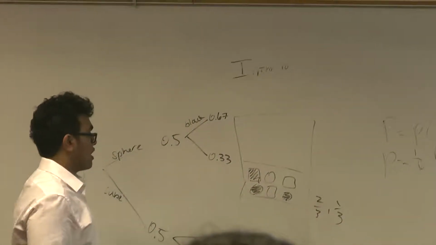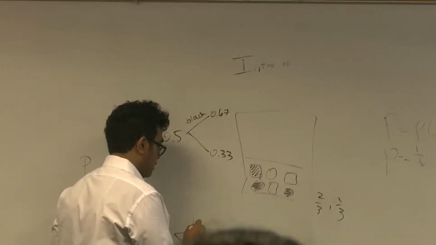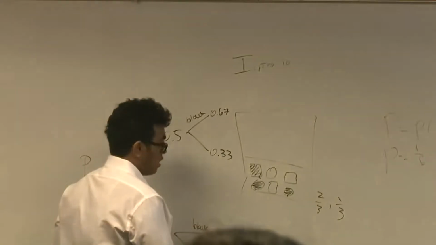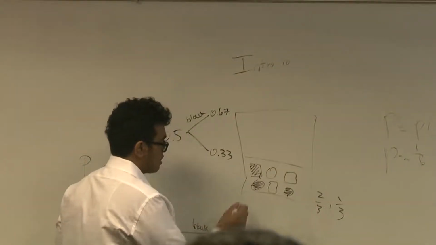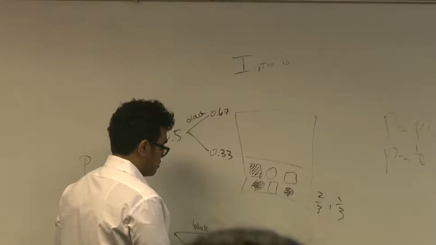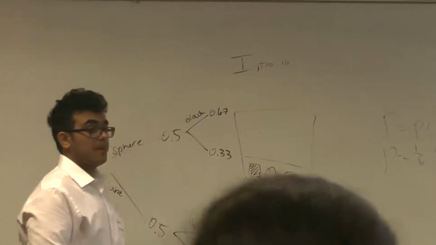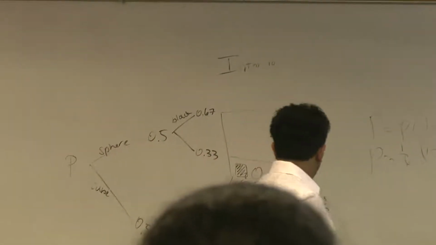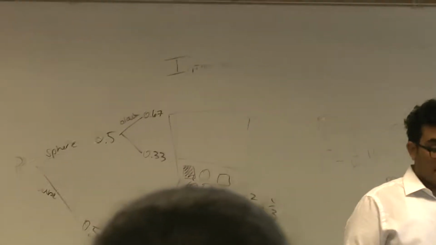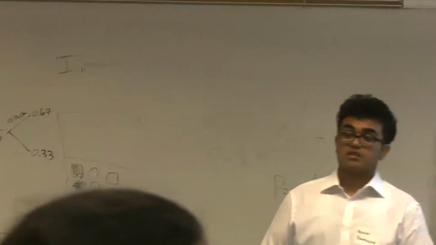And then with our cubes, we have the probability of black being 0.33, because we only have 1, and then non-black having 0.67. So that's Bayes' theorem. It's conditional probability essentially. And next we're going to talk about the central limit theorem.